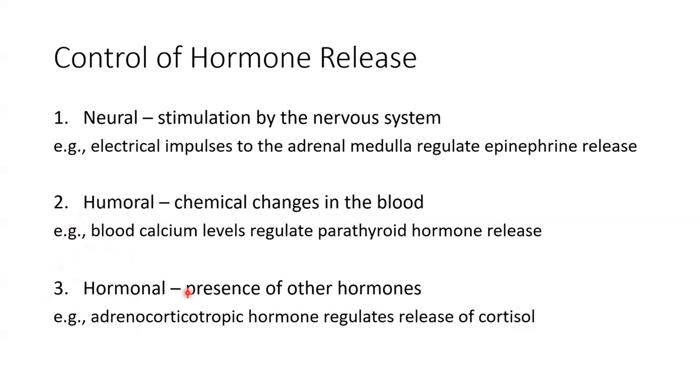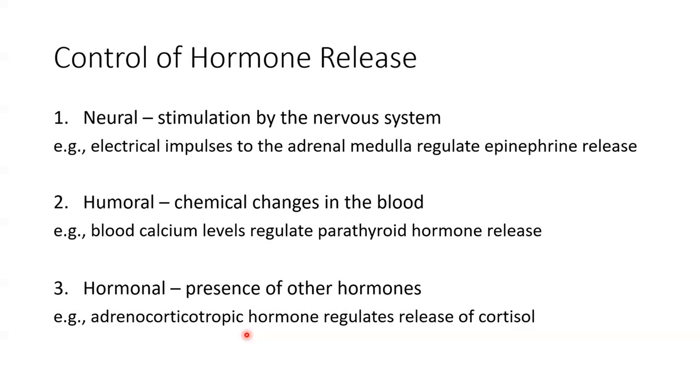Our third method of hormone release is hormonal stimulation. This occurs when a hormone is regulated by either the presence or the absence of a hormone in the blood. So, for example, we have Adrenocorticotropic Hormone. It's released from our anterior pituitary gland. When this hormone is circulating in the blood, it stimulates the release of cortisol by our adrenal cortex.